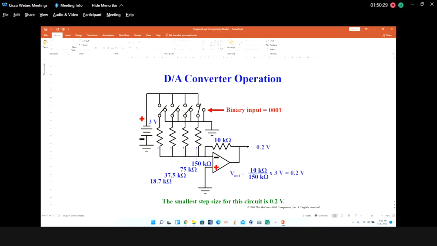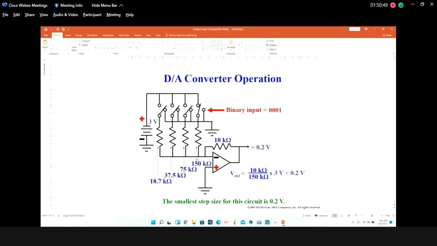In this example we use switches, and when we press the switch, we get the input.